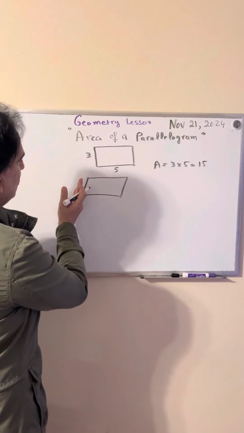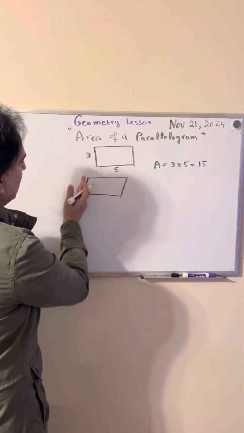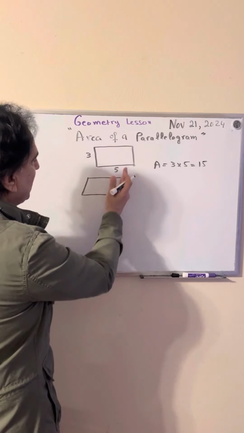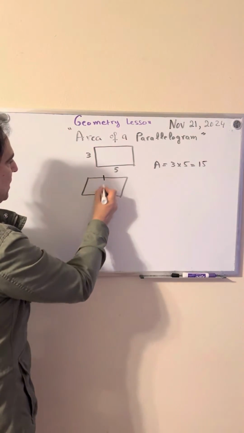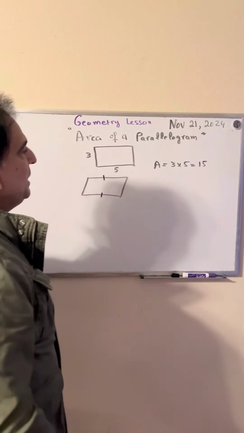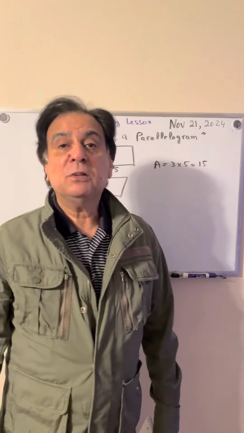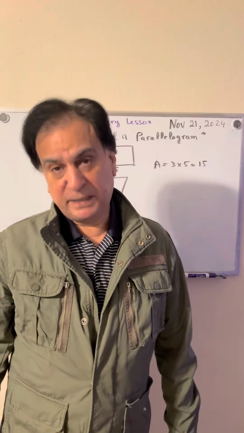In this shape, this segment and this segment are equal and parallel. Same thing with this right here. So yes, a parallelogram is also a form of a rectangle.